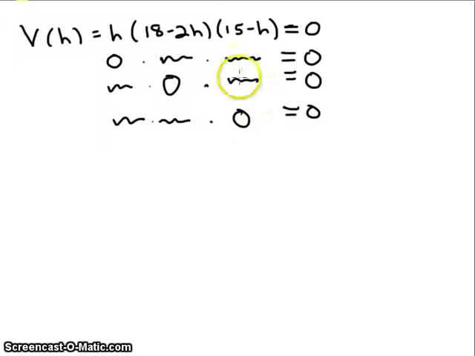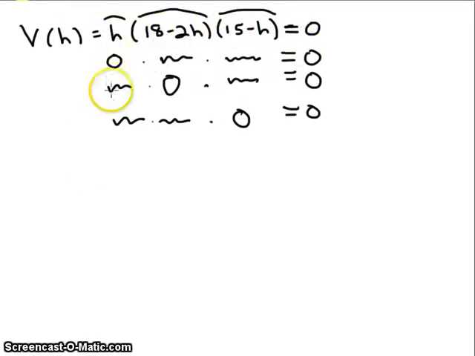Now, how does this help us to solve this equation? Well, it makes it very simple, because now we can look at each piece of this by itself. Even though we have a complex polynomial, we've broken it down into simple parts.